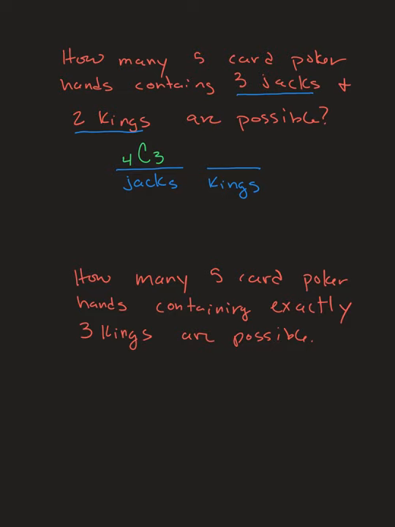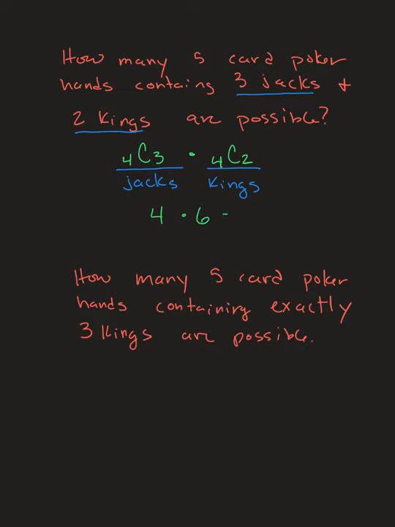And then for the kings, there's 4 kings. That's my big group. I'm picking 2 of them. And remember, the fundamental counting principle says that we're going to multiply these 2. So if you do in your calculator 4C3, that's going to be 4, times 4C2, which is 6.